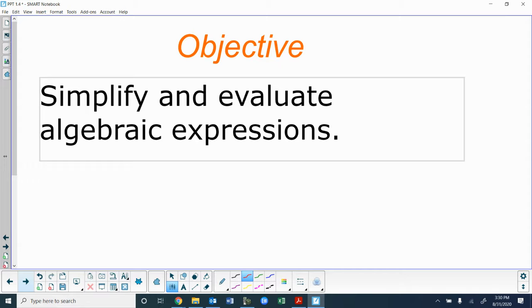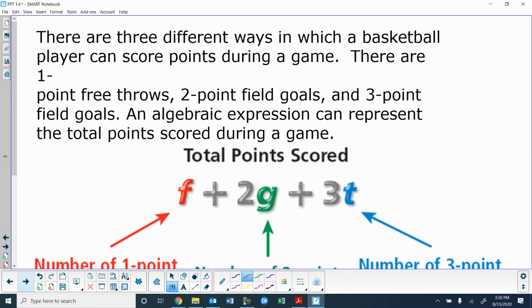So we're going to simplify and evaluate algebraic expressions today. That's our objective. And so we'll look at some mathematical expressions. There are 3 different ways in which a basketball player can score points during a game. There are 1-point free throws, 2-point field goals and 3-point field goals.